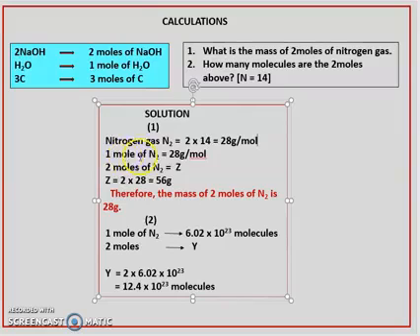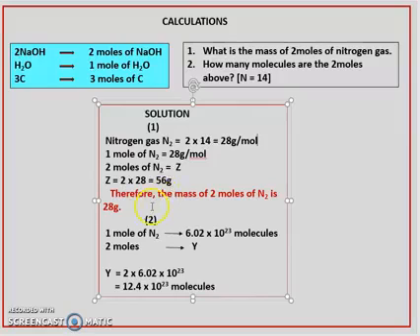So if 1 mole of nitrogen gas weighs 28 grams, then 2 moles will weigh Z, assuming Z is the unknown, the mass we are looking for. If you cross multiply, you will have Z equals 2 times 28, which will give you 56 grams.